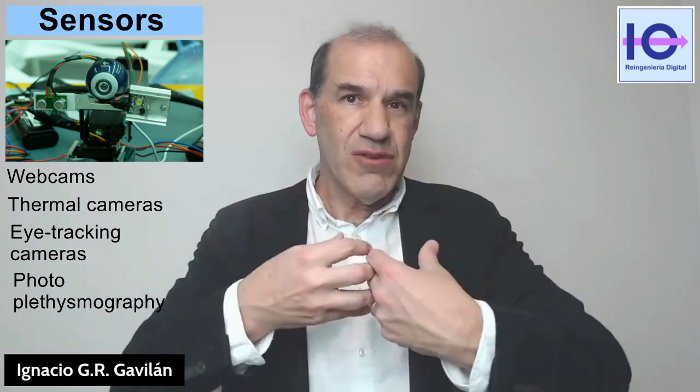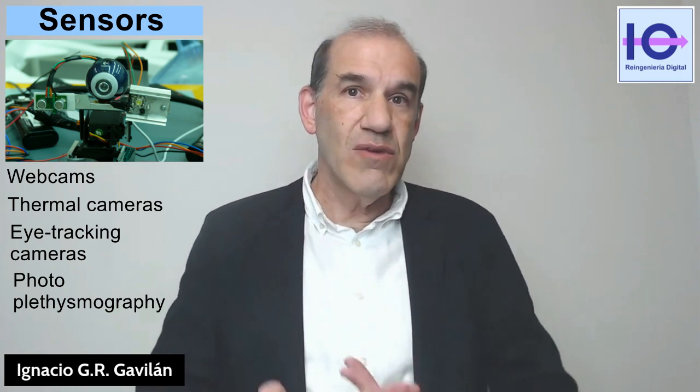And the robots can also use photoplethysmography. In photoplethysmography, the sensor emits light, usually using LEDs, and has the capacity of photodetection. And with photoplethysmography, the information the robot gets is the oxygen saturation in blood.